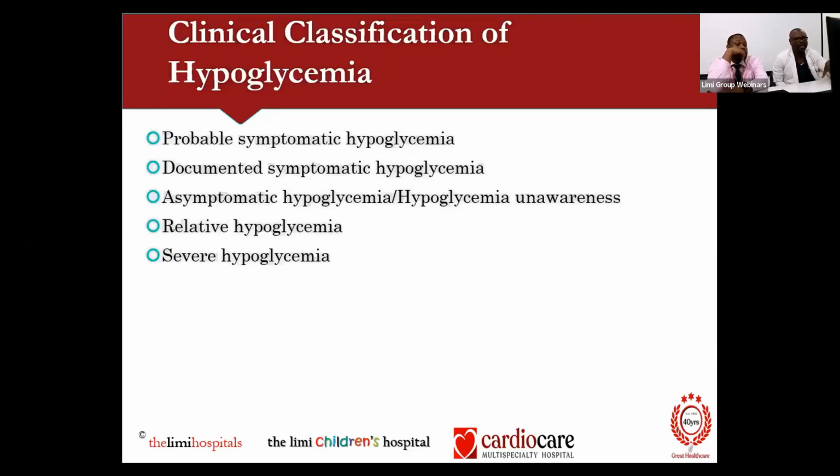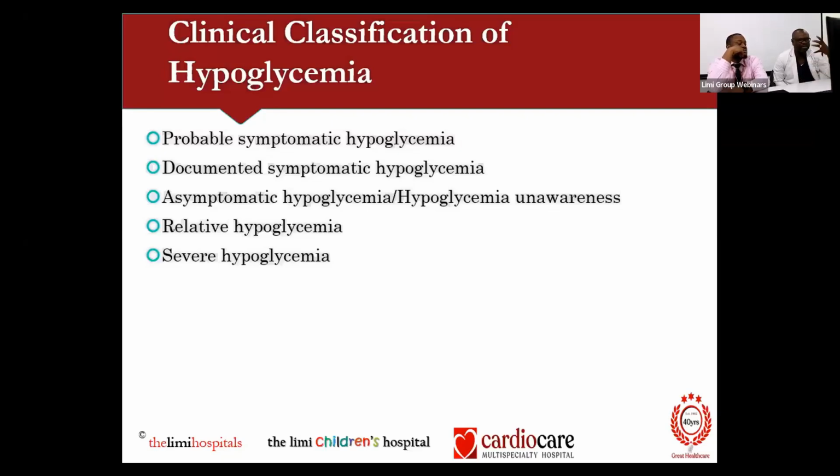Now, you have what we call asymptomatic hypoglycemia or hypoglycemia unawareness. This is a common finding in patients that have tight glycemic control. When there's tight glycemic control, the body adjusts itself. By tight, I mean someone having 3.8, 4.1, 3.0, within that range of very tight control. Now, what happens?